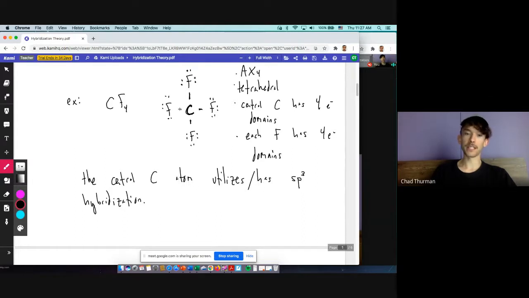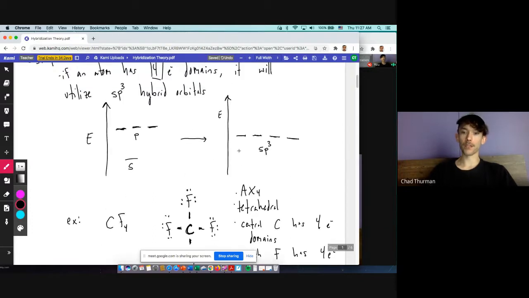It just means that it needs 4 equal energy regions to hold electrons. And we call those brand new orbitals that it uses just for bonding sp3 orbitals. So it's using 1, 2, 3, 4 sp3 orbitals. They are brand new orbitals hybridized from old atomic orbitals, and they're used just for bonding.